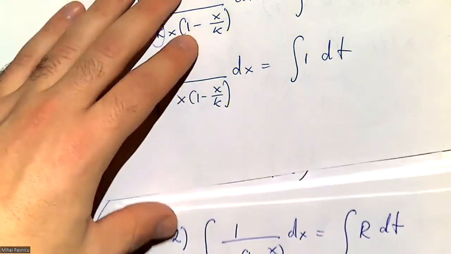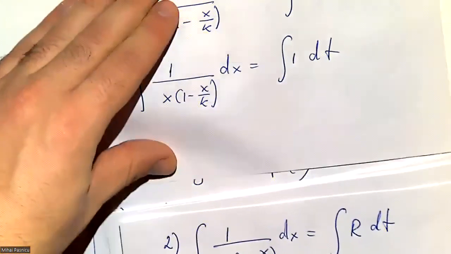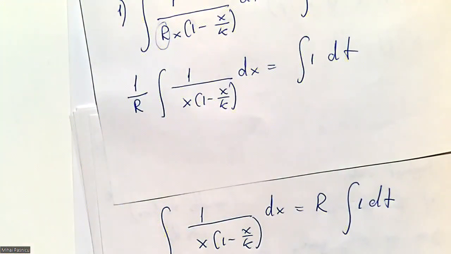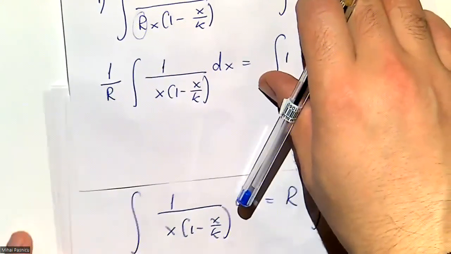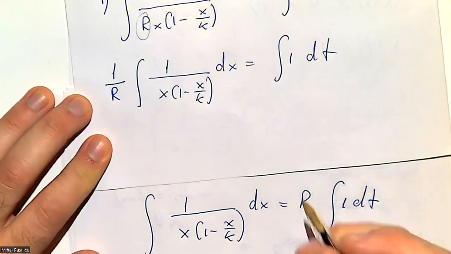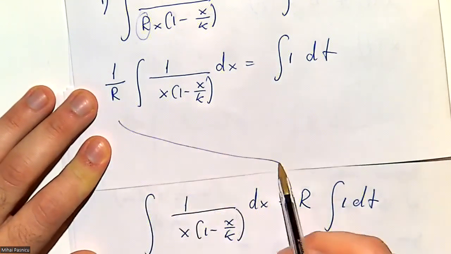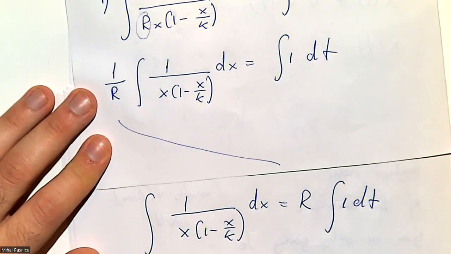Now let me see if I can make it look nice. Okay. Now everyone is convinced that these two equations are exactly the same. It's just moving the r from one side to the other. They are exactly the same thing.